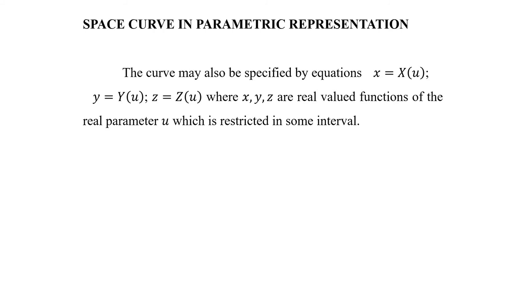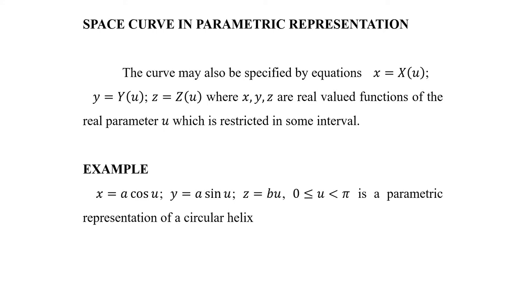Next, how to represent a space curve in parametric representation. We know the definition of a curve. Now we choose the equation of the curve. The curve may be specified by the equations x = x(u), y = y(u), and z = z(u), where x, y, z are real valued functions of the real parameter u, which is restricted to some interval.